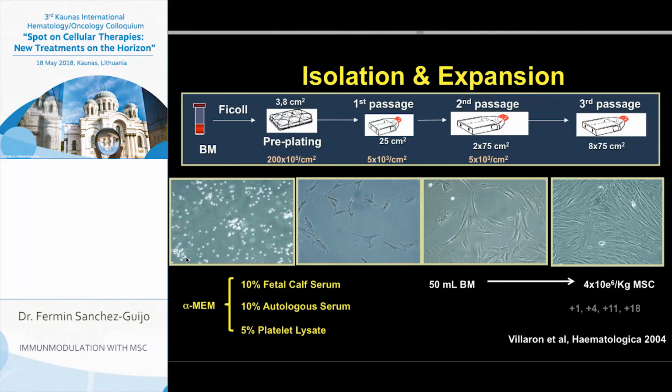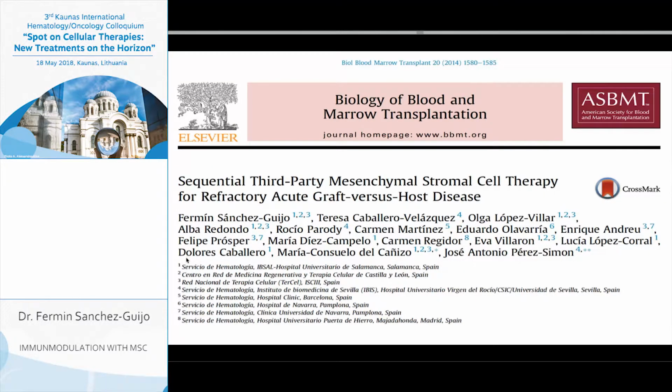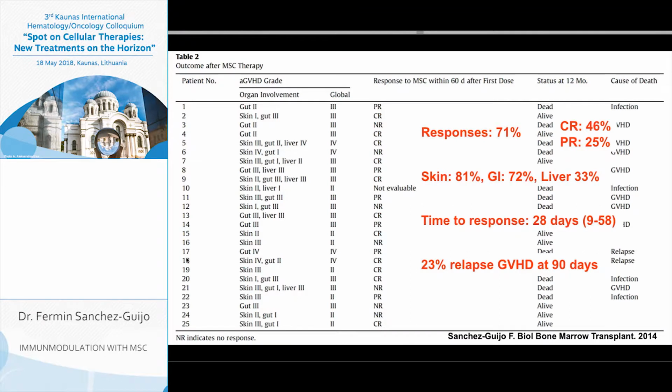There's another trial that we did in Spain with third-party cells for refractory disease, and again, the same results: 70% responses, at least around 50% complete responses, and again, those patients that get a complete response have a benefit in survival.